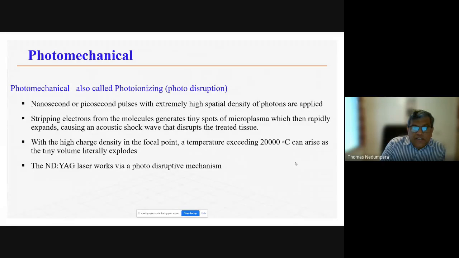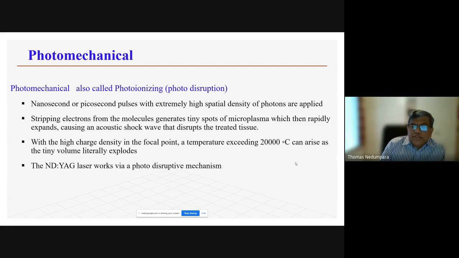Photomechanical ablation is also called photoionizing or photodisruption. Here, even higher energy laser is used, and this laser strips electrons from the molecules, producing microplasma. So this has a very high temperature, up to 20,000 degrees centigrade, but this is applied only to a small area.